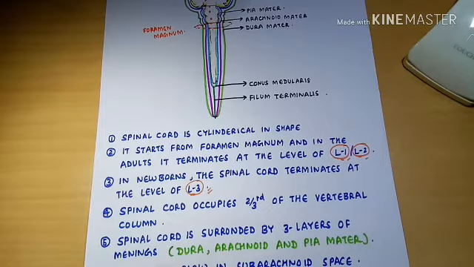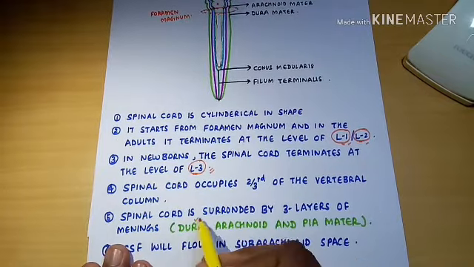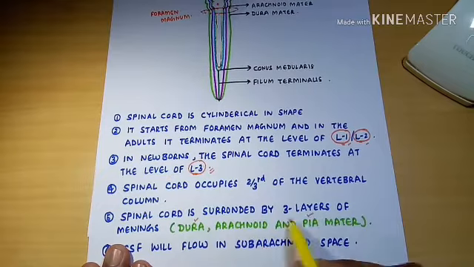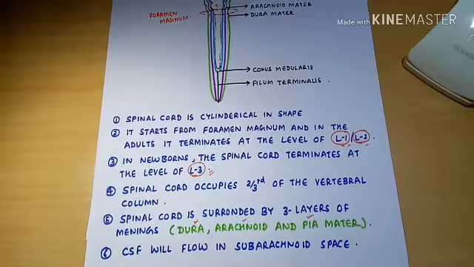As in the brain, the spinal cord is also covered by three layers or three meninges, which are the dura mater, arachnoid and the pia mater. The cerebrospinal fluid flows in the subarachnoid space.